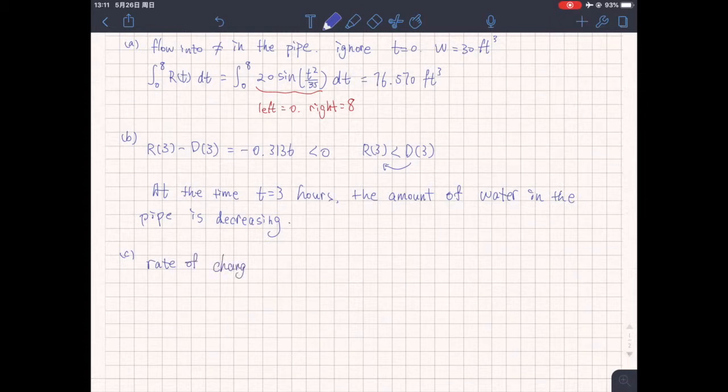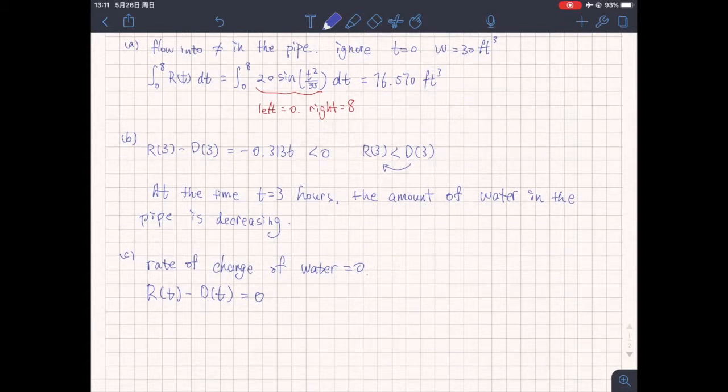In this case, we're finding at what time the rate of change of water stops decreasing so that it reaches a minimum. So now we write r(t) minus d(t) equals 0 to represent that the rate of change of water equals 0.